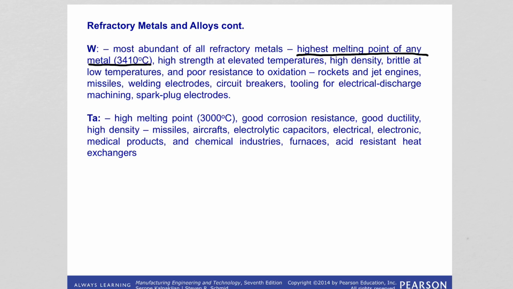Again, uses are rockets and jet engines, missiles, welding electrodes, circuit breakers, tooling for electrical discharge machining, spark plug electrodes. So wherever high temperature resistance is required, tungsten is used. If there is a high temperature requirement with high strength at elevated temperatures, then tungsten is being used. Tungsten, you know, is most commonly used in light bulbs, right?